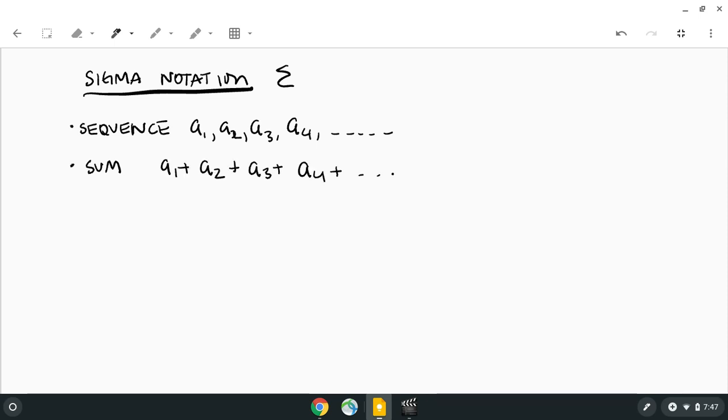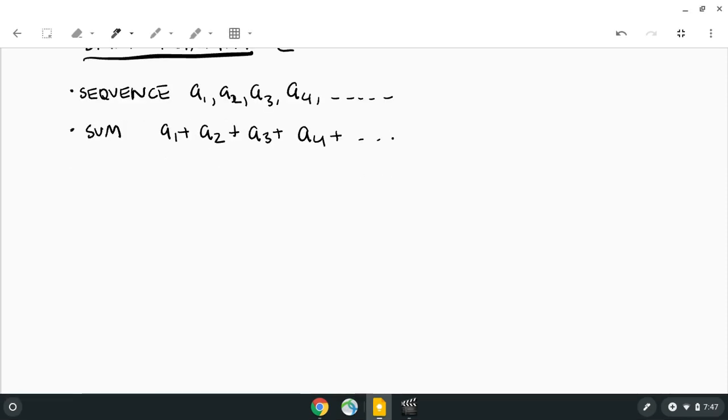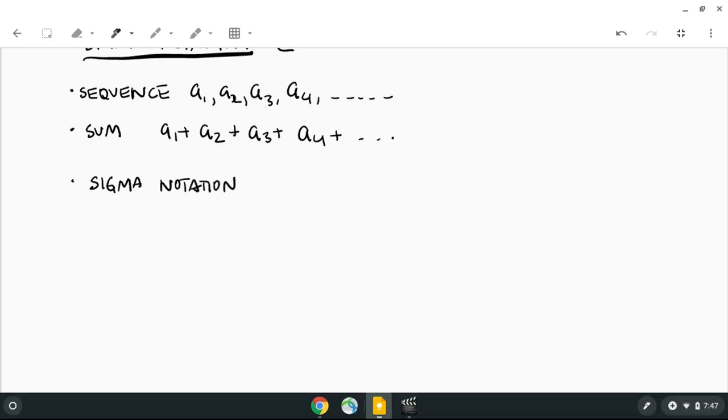And so what happens with sigma notation is it allows us to do less writing. Instead of spelling it all out, oh, find the sum of the first 12 terms, instead of saying all of that out loud or spelling that all out, we could use this notation.